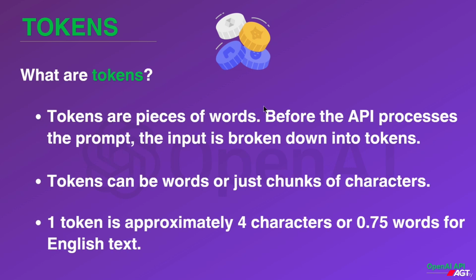So what are tokens? Tokens can be thought of as pieces of words. Before the API processes the prompt, the input is broken down into tokens. Tokens can be words or just chunks of characters. As a rough rule of thumb, one token is approximately 4 characters or 0.75 words for English text.